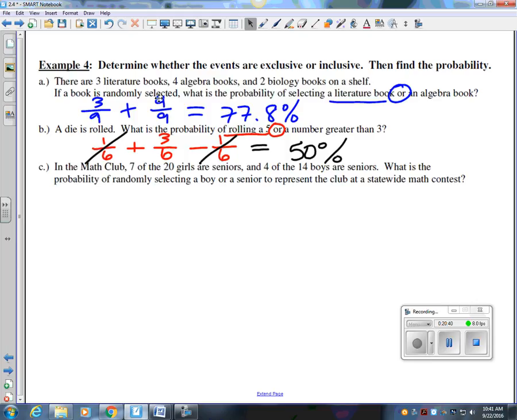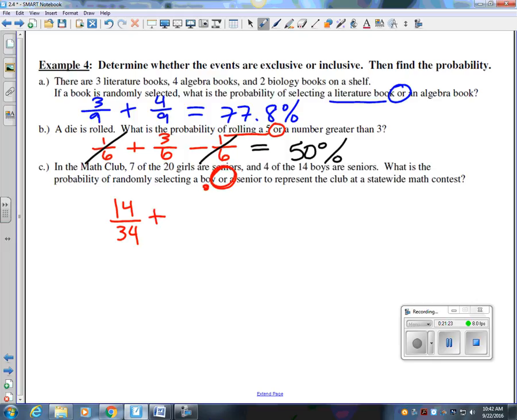Okay. All right. Charlie, read that one for us. Good. Chase, what's the probability of getting a boy? 14 over 34. So, do you get it now? It's worded a little tricky on this one. Then this one says or, so I'll put a plus.